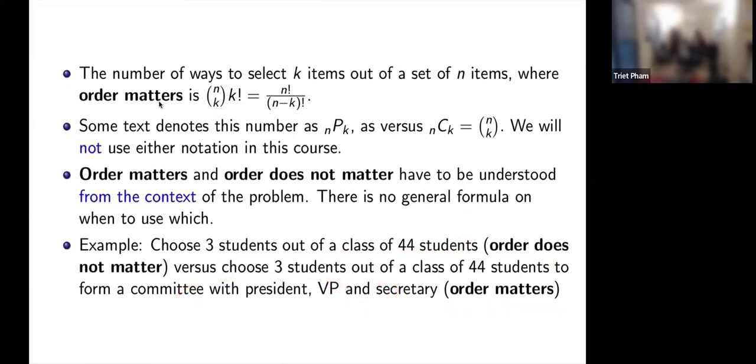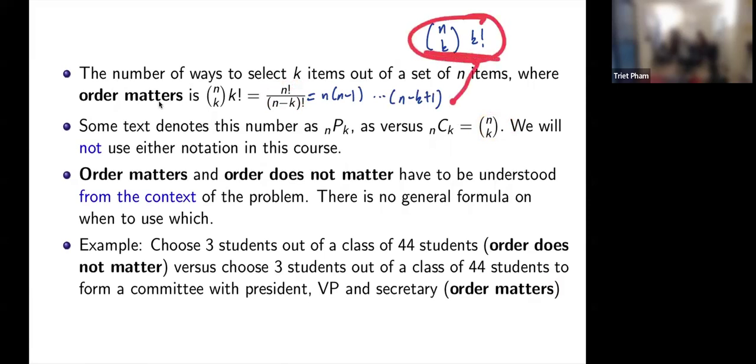That's the only remark, because the count is actually easy. If you know the number of ways to count where order does not matter, then you just have to compensate to get to order matters, or vice versa. This is also n times n minus 1, down to n minus k plus 1. I think this way of writing is preferred because it's more compact.